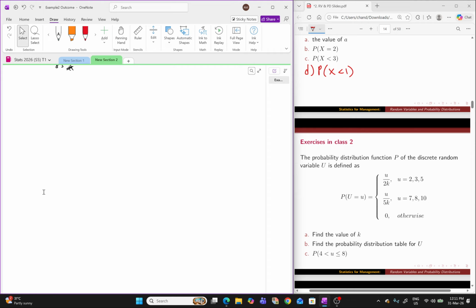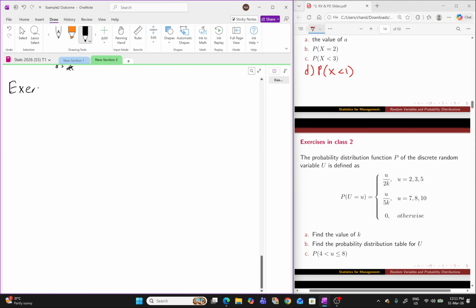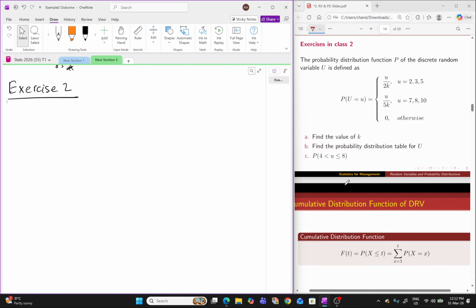Yang ini you boleh buat dalam nota you. Yang ni nanti dah bahasa balik baru hantar. Yang ini keep aside, simpan dulu. Yang exercise 2 ni cuba serupa macam tadi.